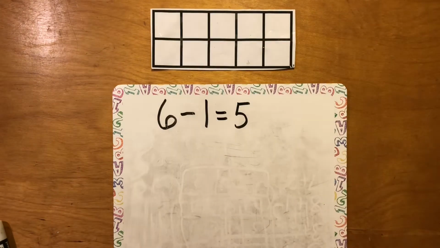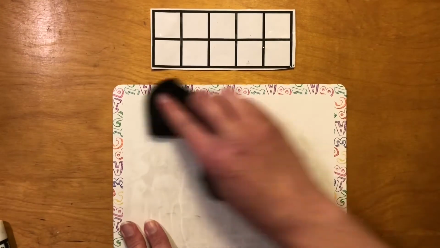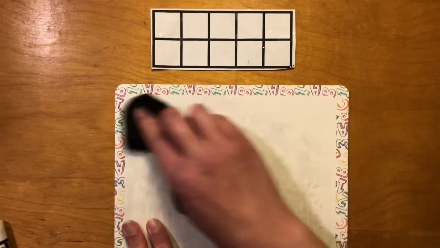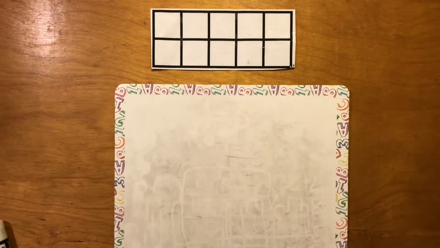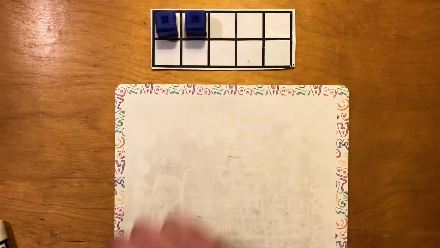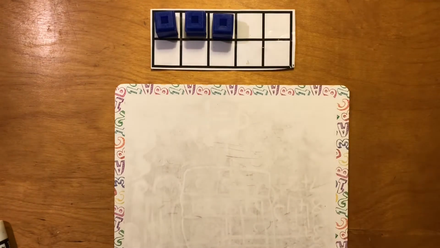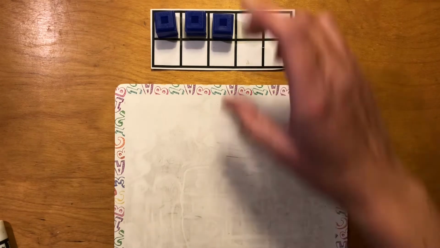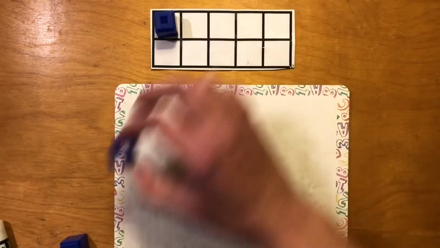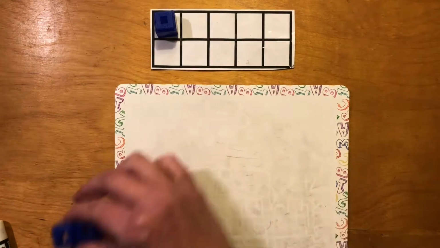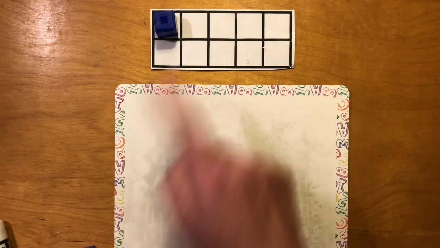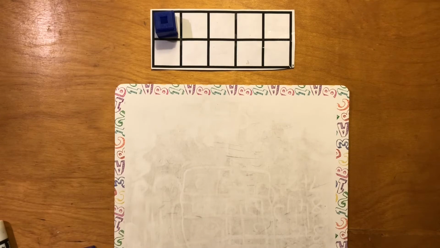Let's do another one. This time, build 3. Build 3. Remove 2. I took the 2 and I removed them. How many is left? What's the difference now?